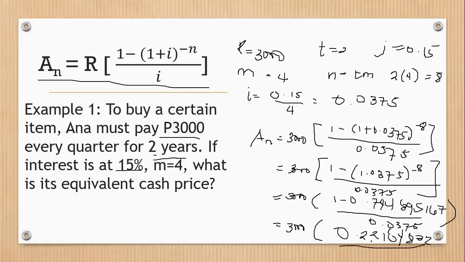So 1.0375 raised to negative 8 is 0.744895167.